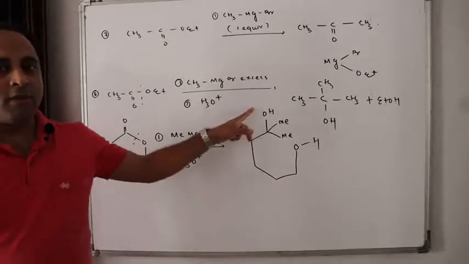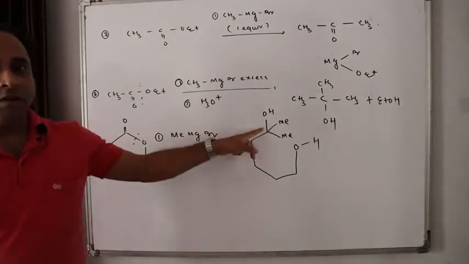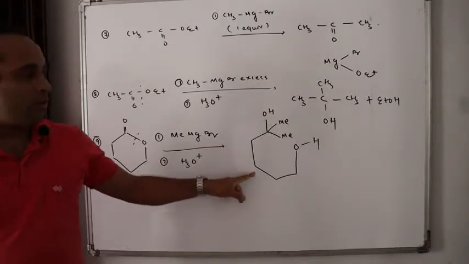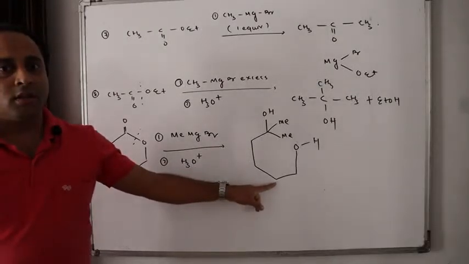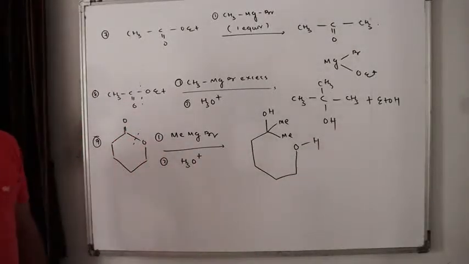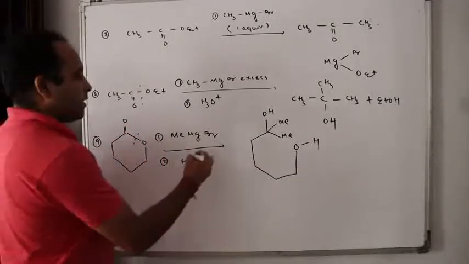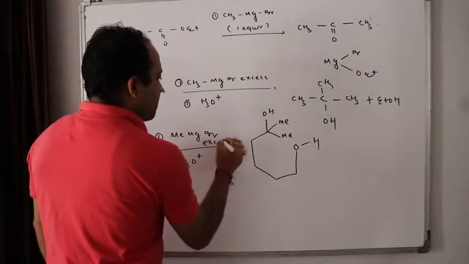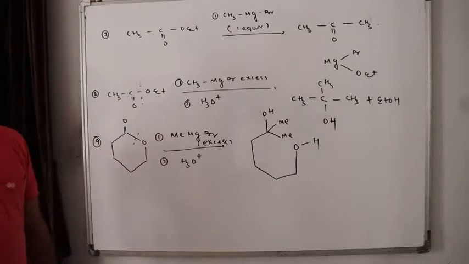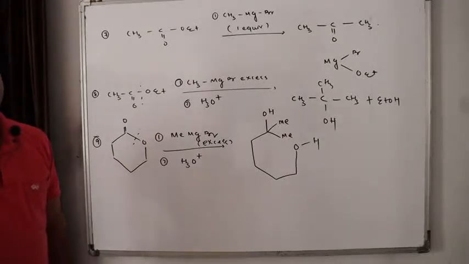Now here we have OH, 2 methyl, followed by 1, 2, 3, 4, and in the fifth position OH. Doubt? Also clear? Here I have taken this in excess. Easy? Doubt? Tell me.